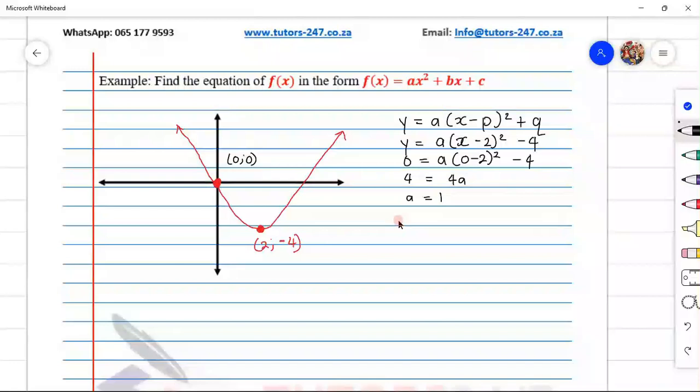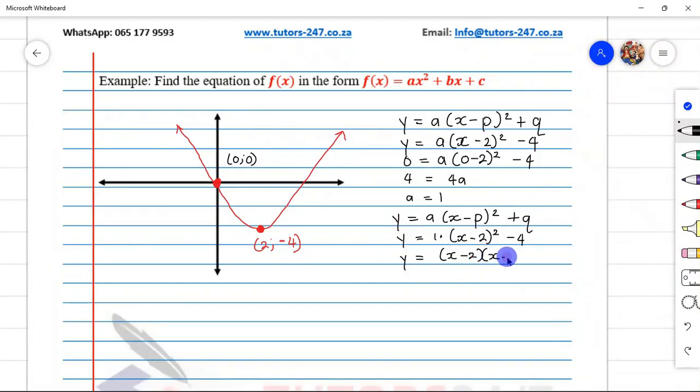So now that we have a, let's rewrite our turning point form. We're now going to substitute our value of a, which is 1, our value of p, which is 2, and our value of q, which is negative 4. From here, we are then going to simplify.